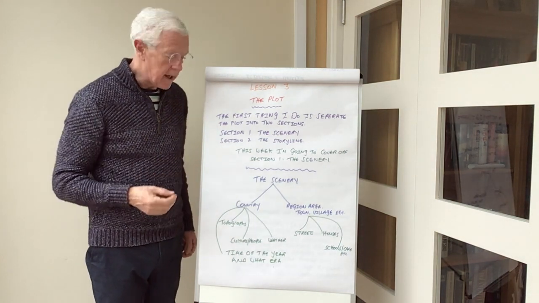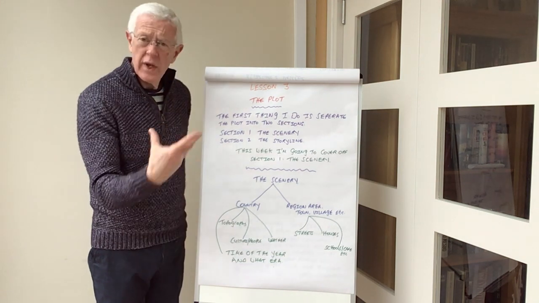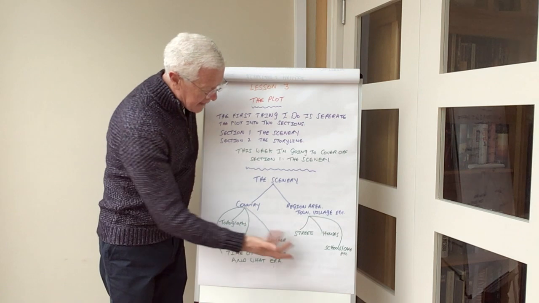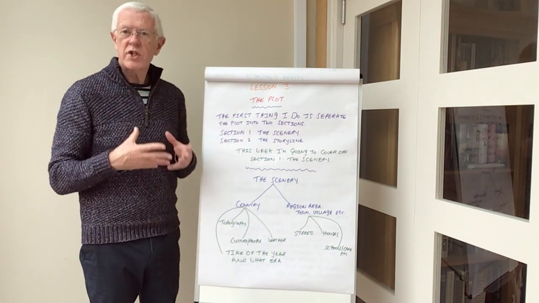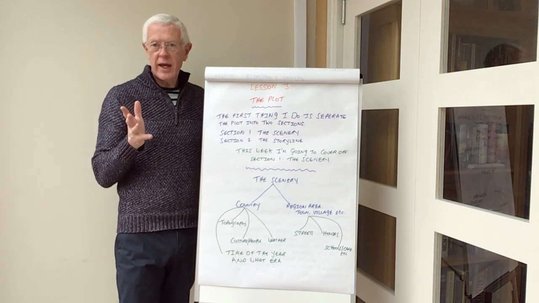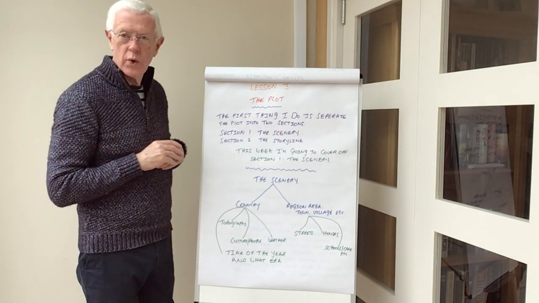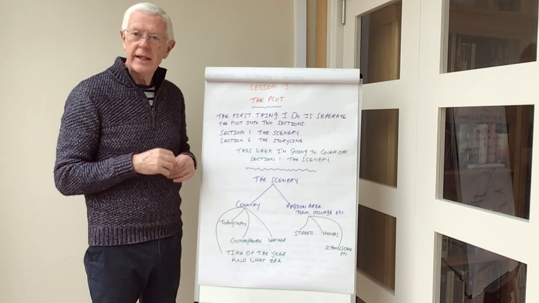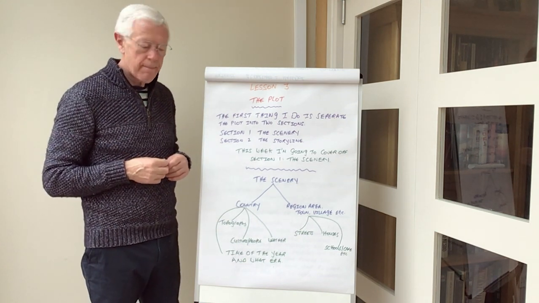What are the streets like? What are the houses like? What are the schools like? What are the cafes like? And that's what you need to go and research and do. And it's a lot easier if you've been there, obviously, because you can then record your own experiences, your own knowledge. But if you haven't been there, you need to do a lot more research.